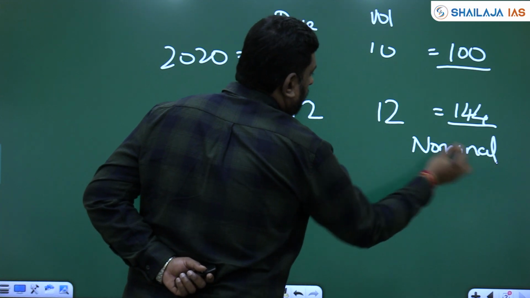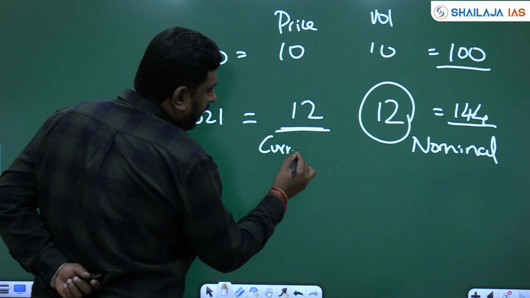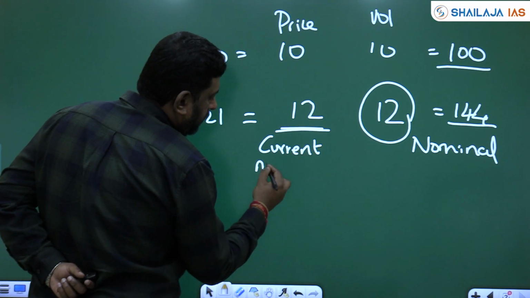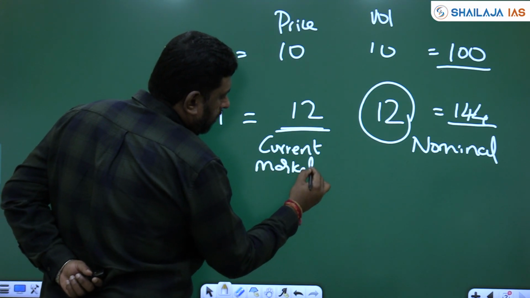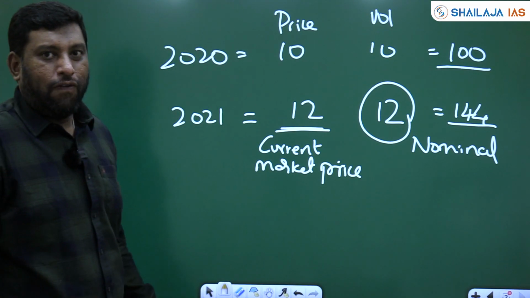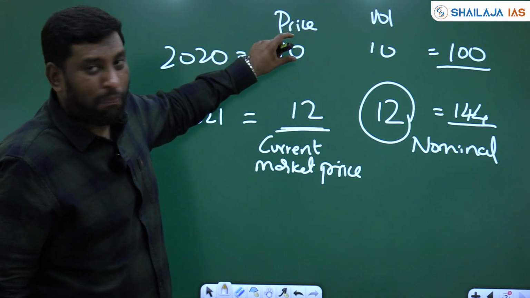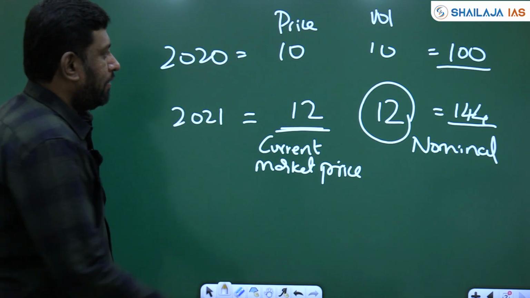In the sense, it is accounting for the current year market price. But in order to get a more accurate picture, it is always better to keep the price fixed at one particular base year. Okay.